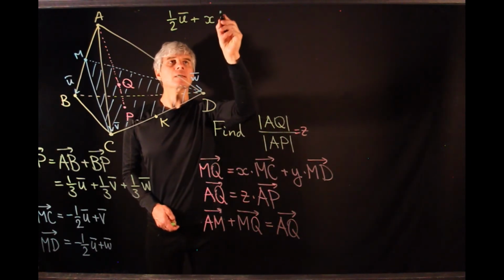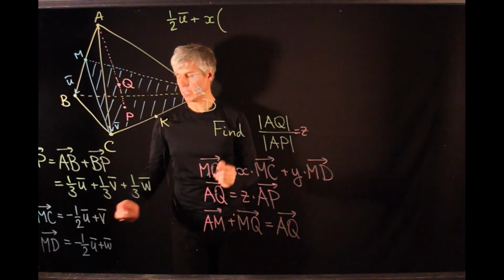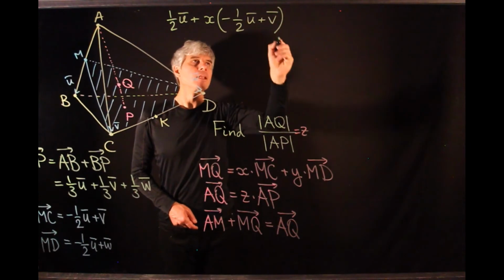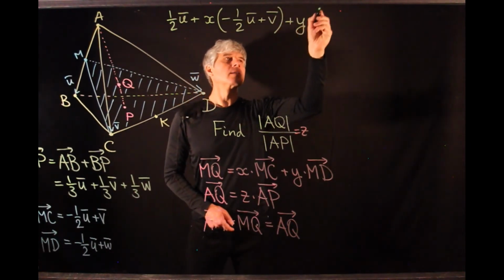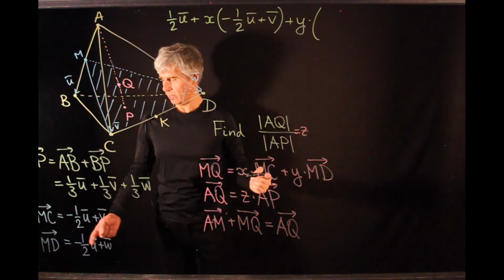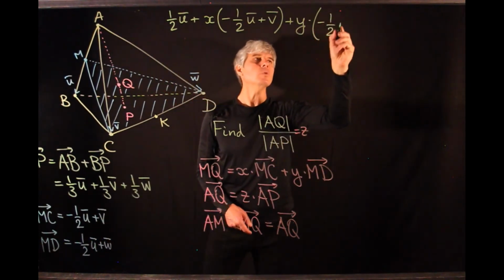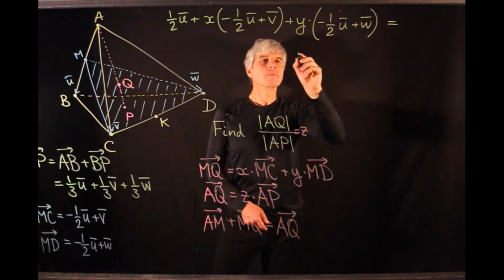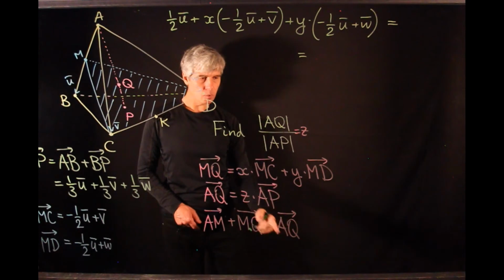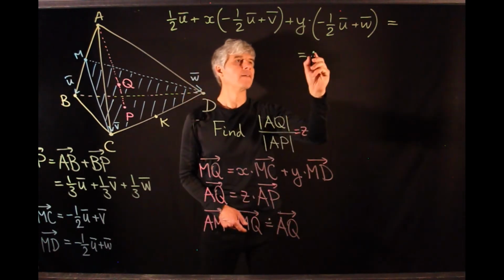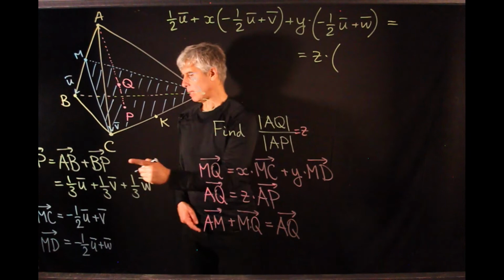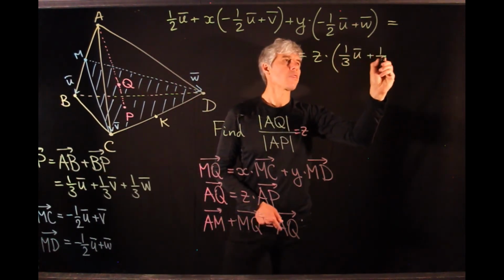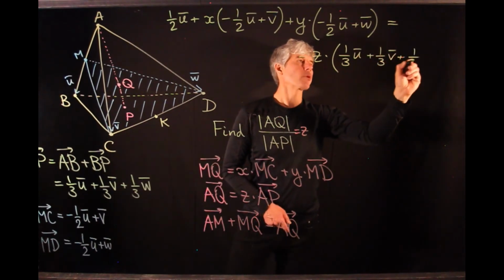So we have X times MC, and here is the expression for MC, minus 1/2 U plus V, plus Y times MD, which is minus 1/2 U plus W. And this equals AQ, which is Z times AP, and here is the expression for AP, 1/3 U plus 1/3 V plus 1/3 W.